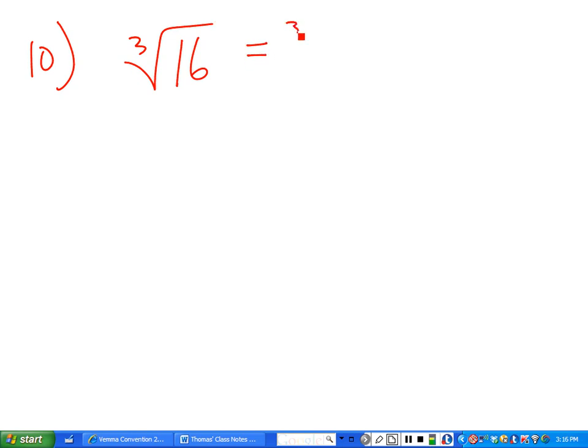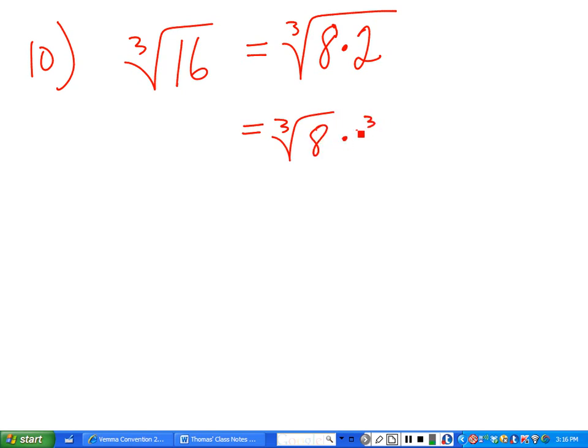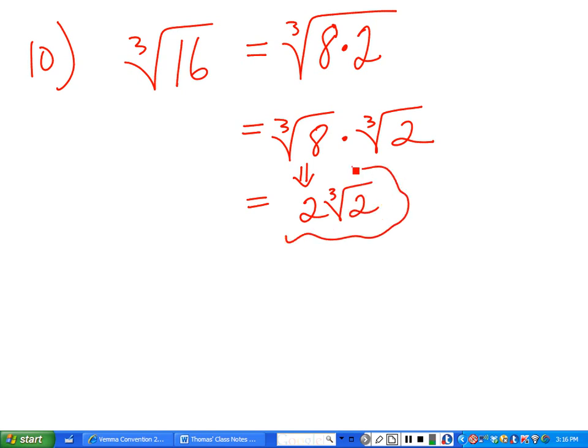The perfect cube factor is 8. 8 times 2 is 16. So you can split this up as the cube root of 8 times the cube root of 2. The cube root of 8 is 2. And of course, we cannot simplify the cube root of 2 any further, so it stays under the radical.